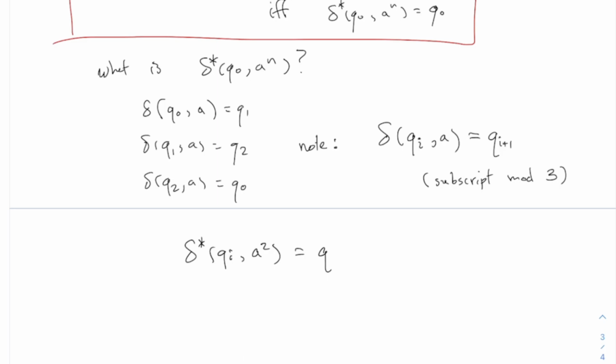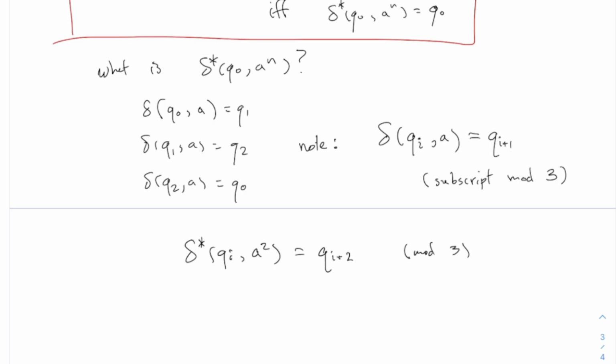Yeah, i plus 2 mod 3. Again, you have to go mod 3 in the subscript. If it gets too big, you wrap it back around again. I'll just say mod 3 in the subscripts. Those are the only things that are actual numbers in this problem, the subscripts, all right?